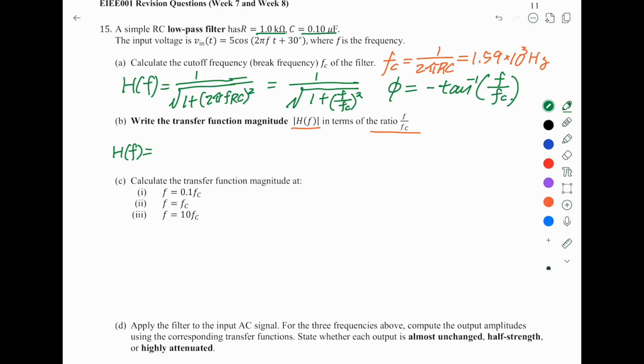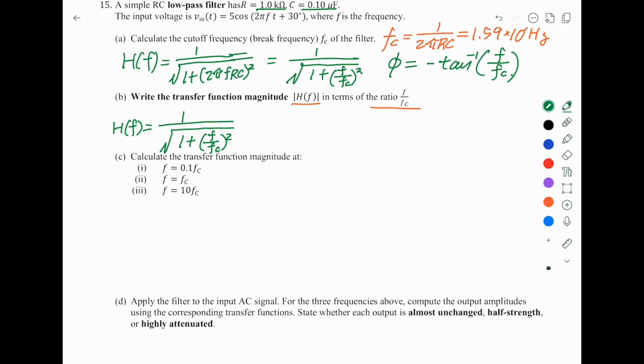You just copy this from the given equation, as long as you understand what it means. Part C, calculate the transfer function magnitude at all three.